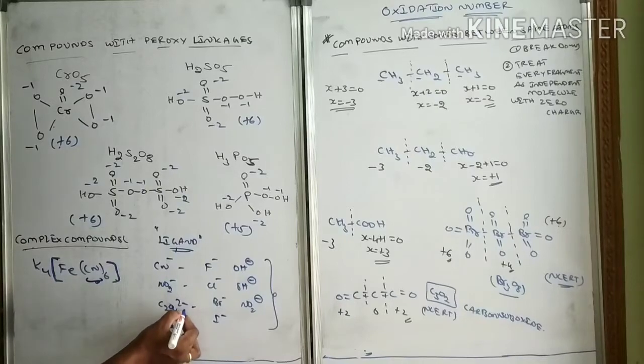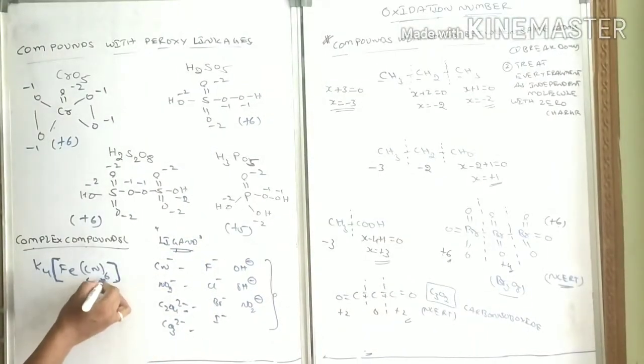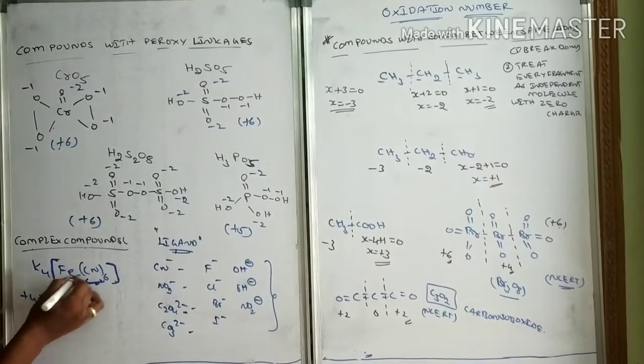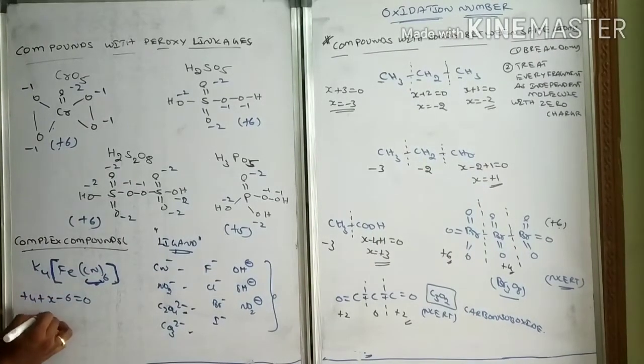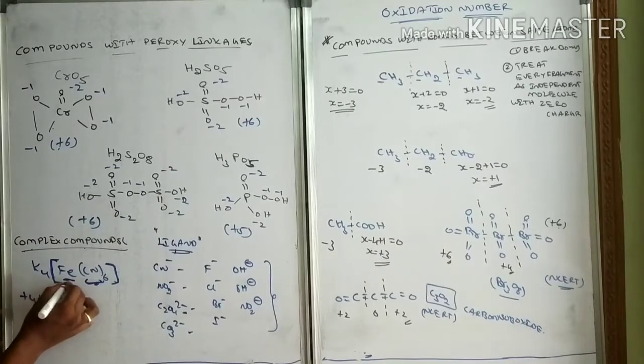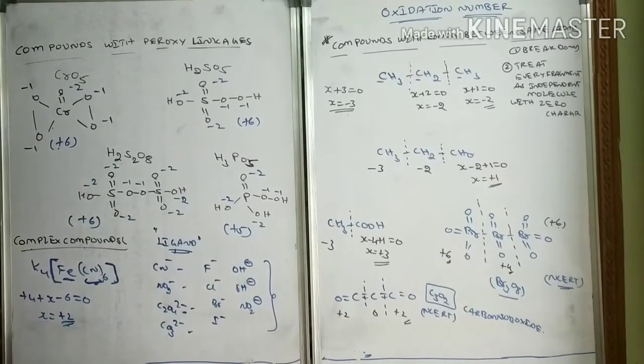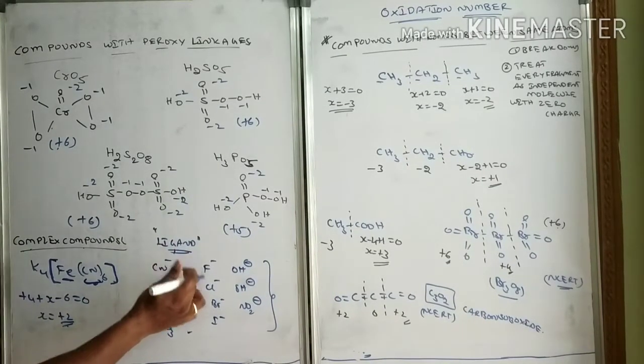Whatever the charge on them, that whole will become the oxidation state. So this will be plus 4 plus X minus 6 equals 0, and X equals plus 2. Whenever ligands are there with different charges, you have to remember the charge on them.